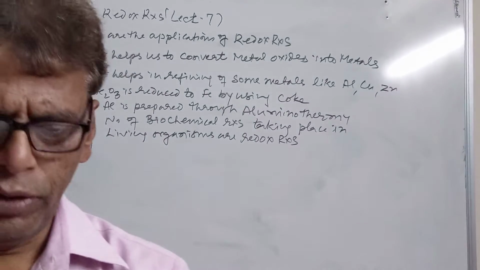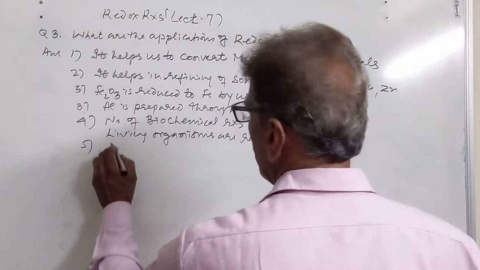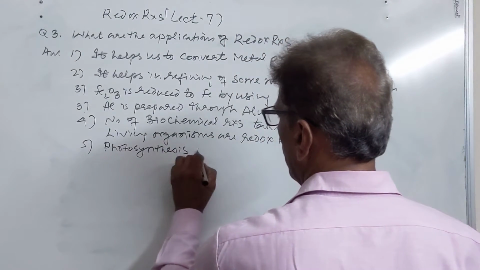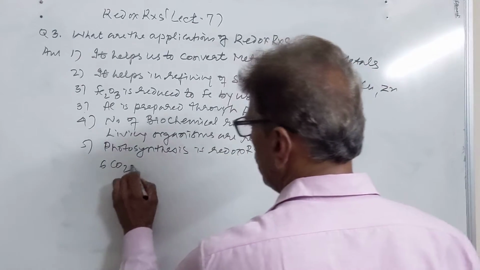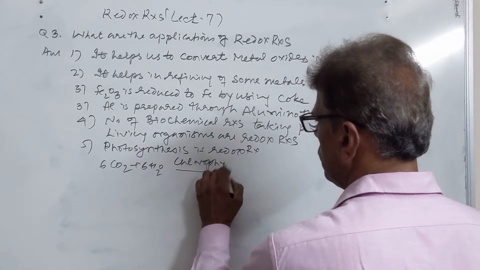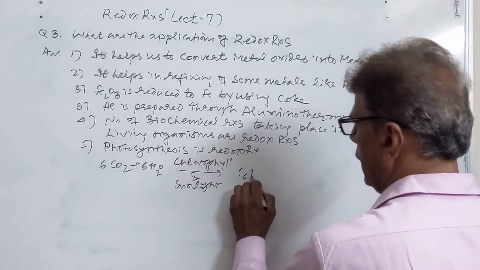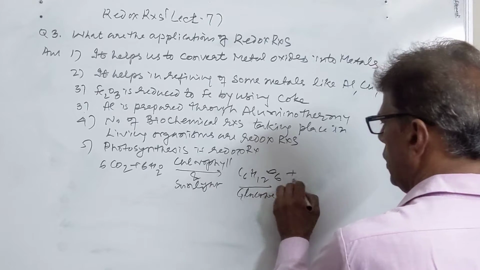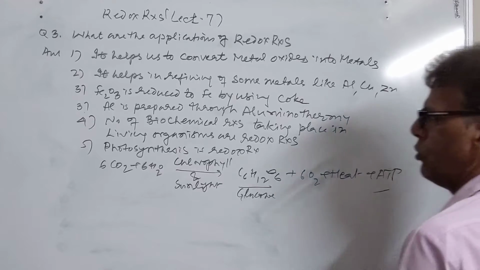Photosynthesis is a redox reaction where food is prepared by the plants. Six CO2 combines with 6 H2O in the presence of chlorophyll and sunlight to give C6H12O6, this is glucose, plus 6O2 plus heat plus energy, the ATP molecules are generated.